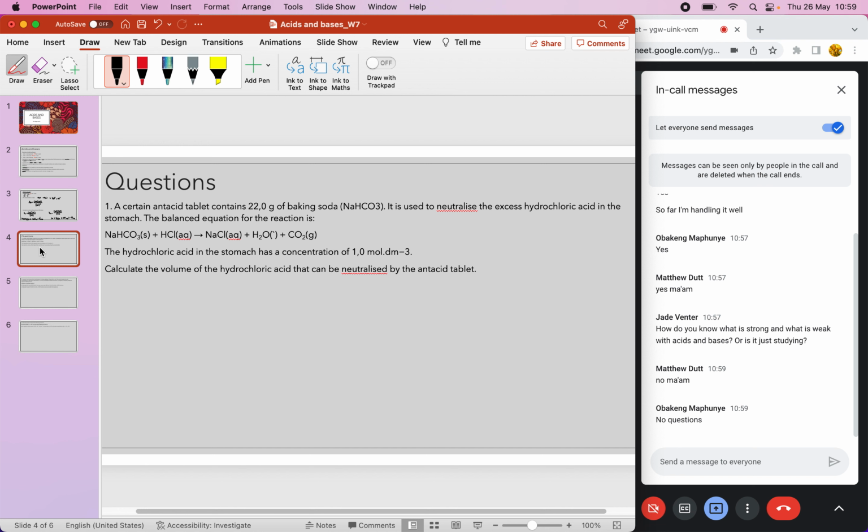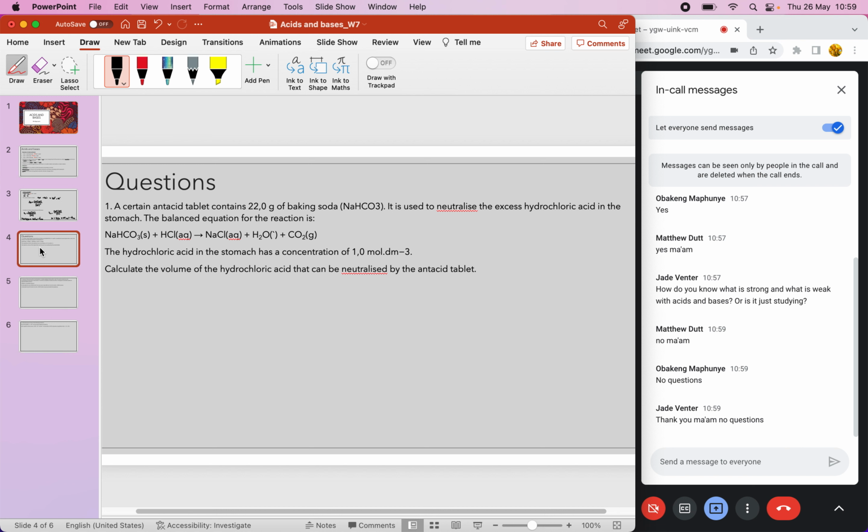Okay, let's start with this question. It says a certain anti-acid tablet contains 22 grams of baking soda, which is NaHCO3. It is used to neutralize the excess hydrochloric acid in the stomach.